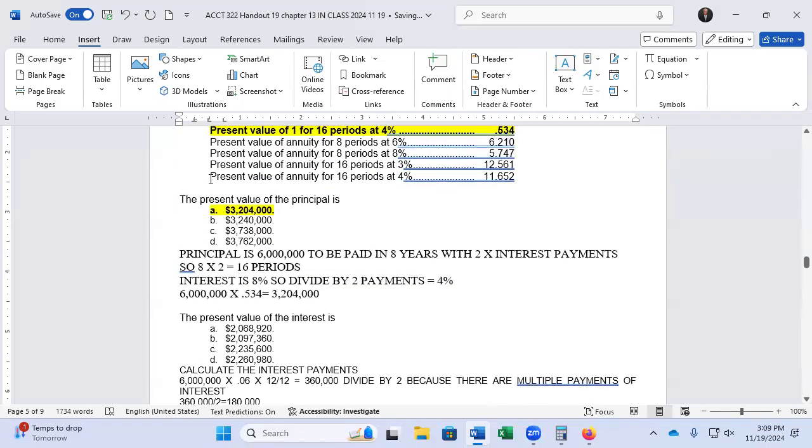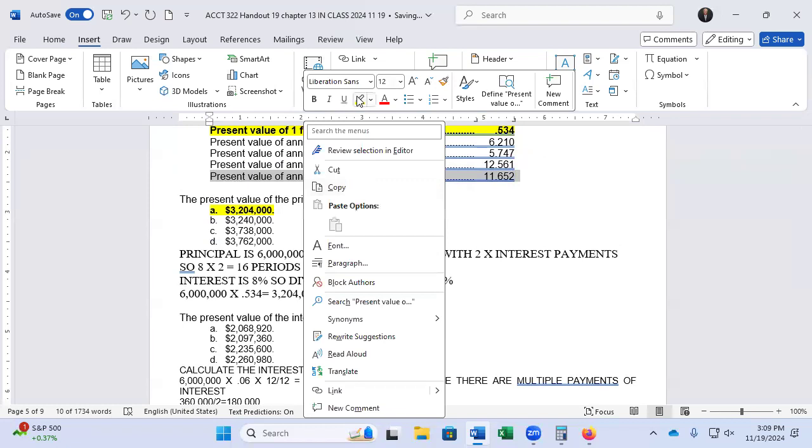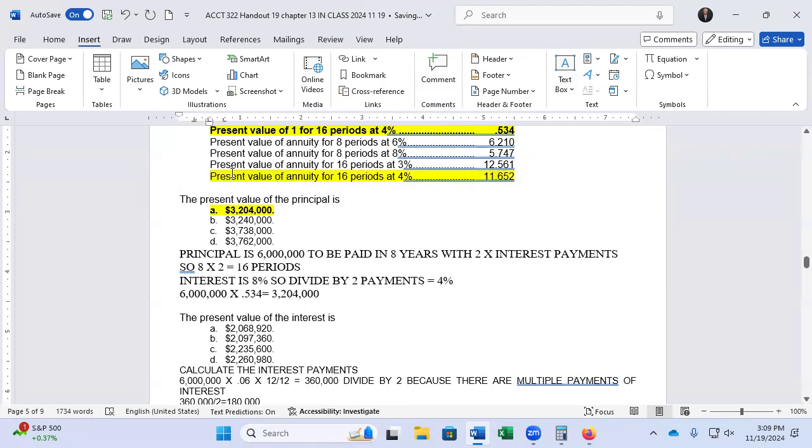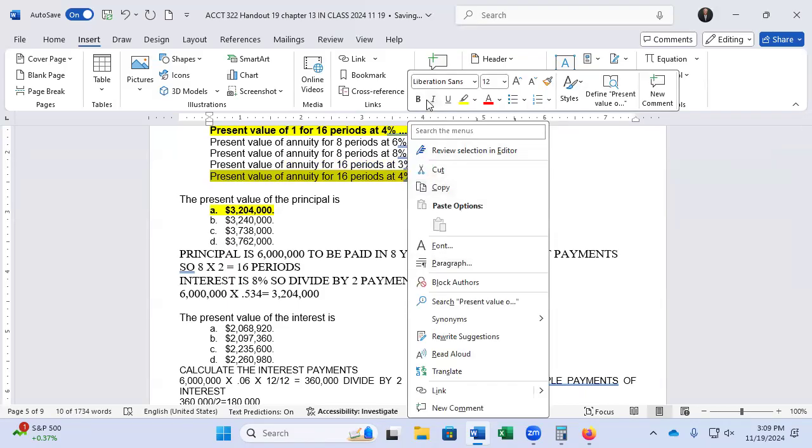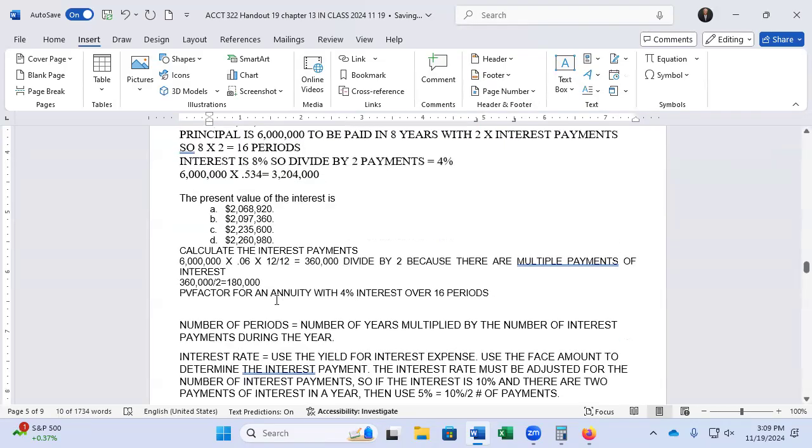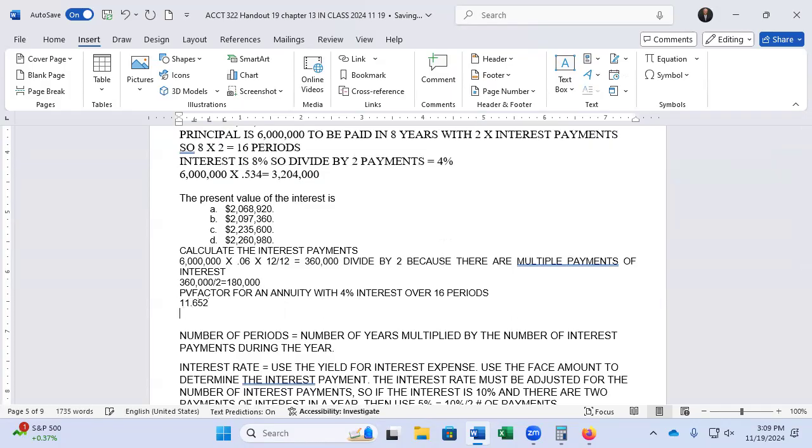And so we go up here to the present value of an annuity for 16 periods, and that's 11.652. So we take 180,000 and multiply it by 11.652. And we end up with 2,097,360.